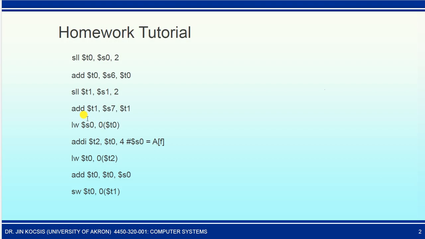However, load or store word, this kind of data transfer operation, includes operations on physical locations. Therefore, rather than explain this instruction as f equal to A[f], it's more appropriate to explain it as s0, which is the physical register, equal to A[f].